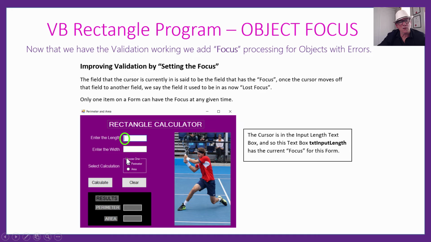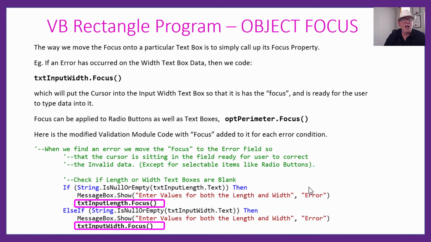Whichever box or thing the cursor's resting on at the moment, or the next thing that's going to get done, is called the current focus. Now how you set object focus is, this is all our validation stuff that we've already coded. If an error has occurred on the width text box, then you put text input width dot focus.